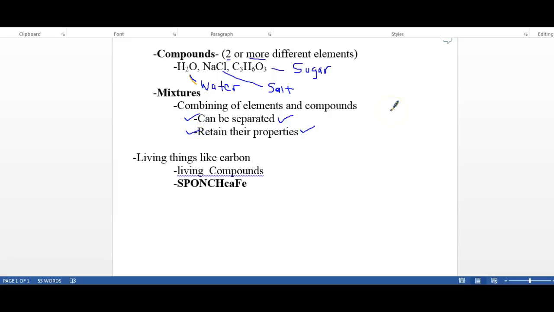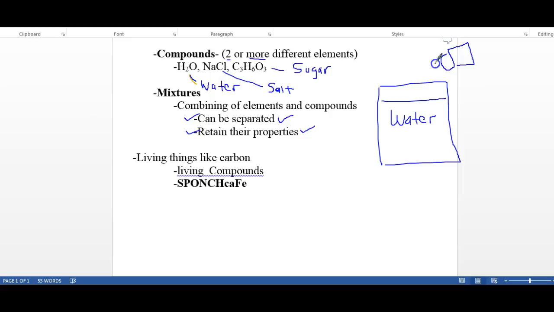So if you take water, let's say we have a glass of water. And then we take some salt. Salt shaker here.